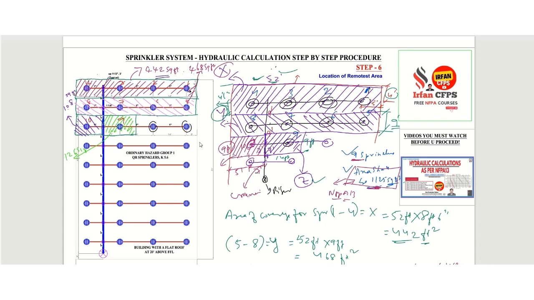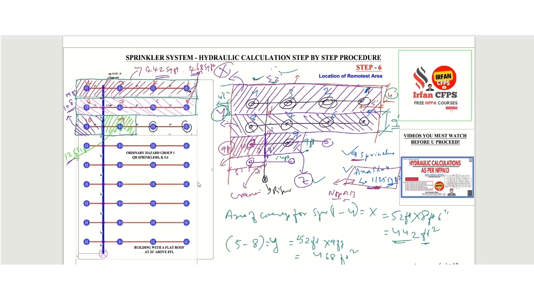So we have added 442 plus 468 plus 126 plus 108. Then finally we got this 1144 square feet. This will be the size and shape. This portion from 1, 2, 3, 4, 5, 6, 7, 8, 9, 10 sprinklers. This complete portion is the location of the remotest area.